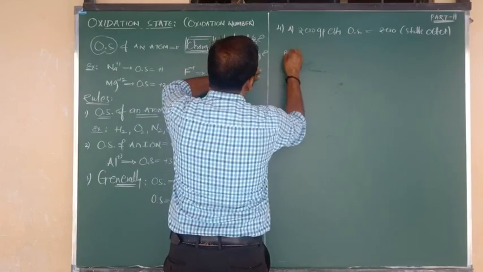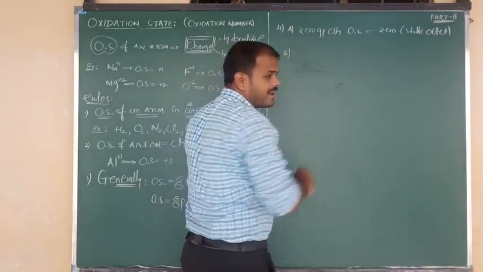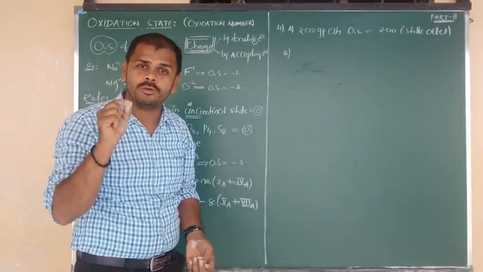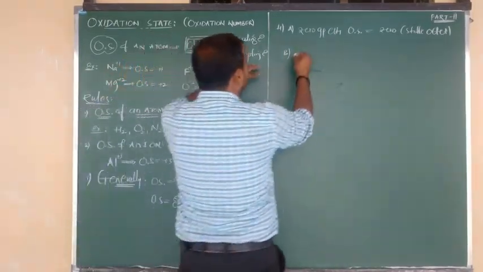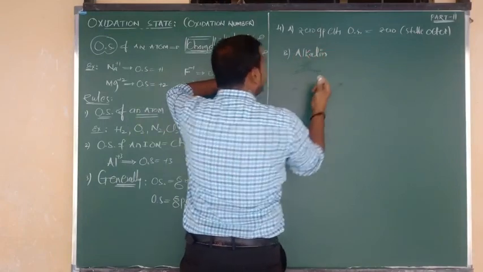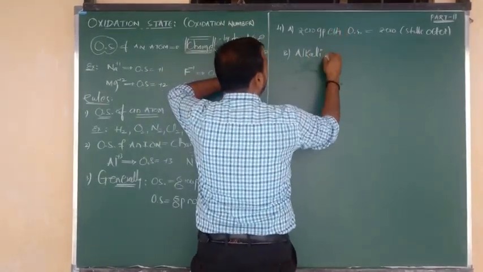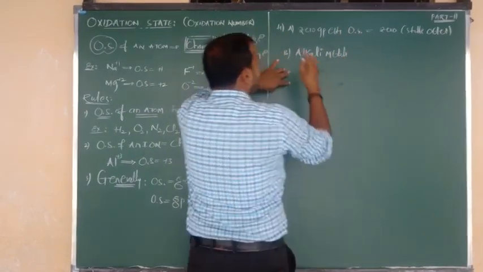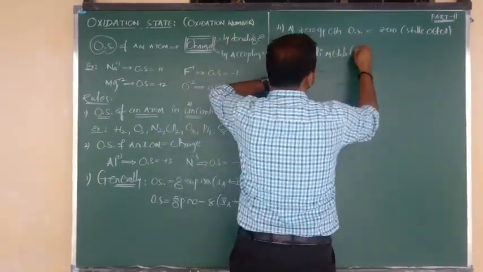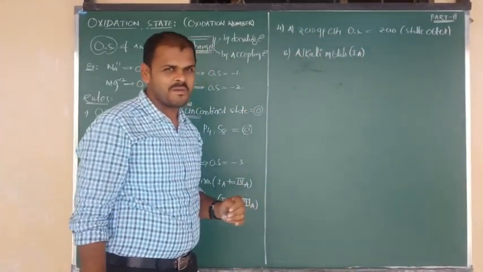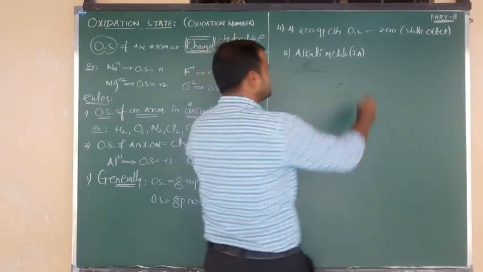Fine. Next one is the 1A group, especially the S block, where 2 groups are there, 1A group and 2A group. So 1A group means alkali metals, as you may have studied in lower classes. 1A group metals are nothing but the alkali metals, like lithium, sodium, potassium, rubidium, cesium.